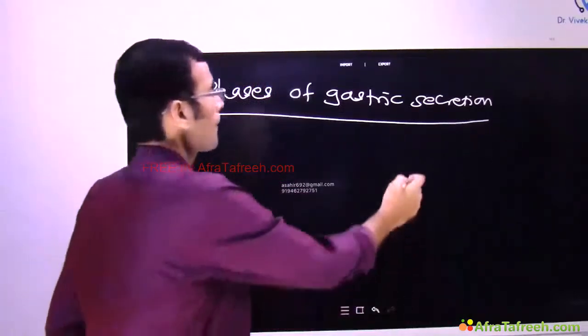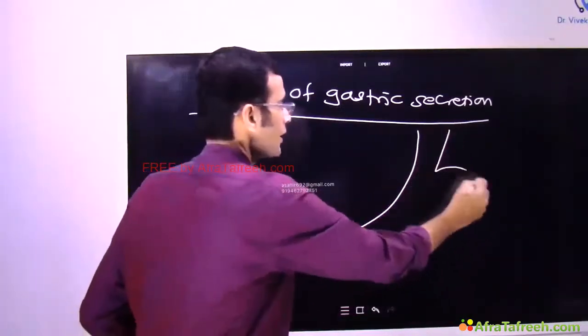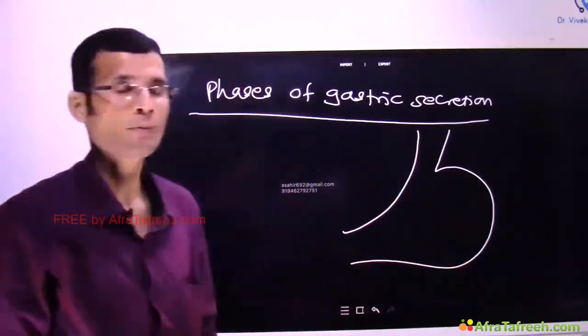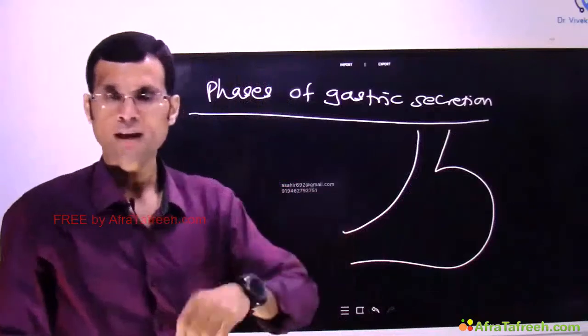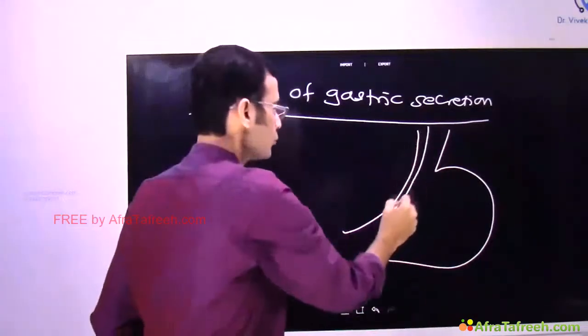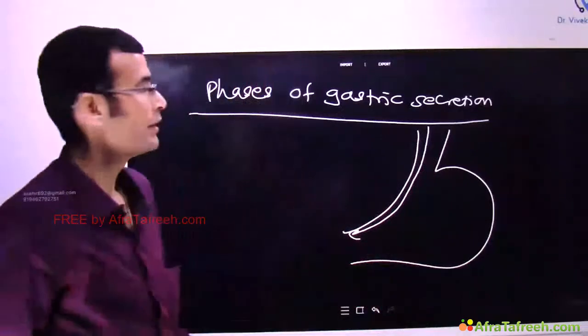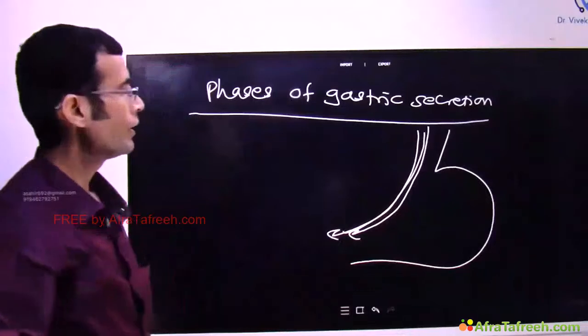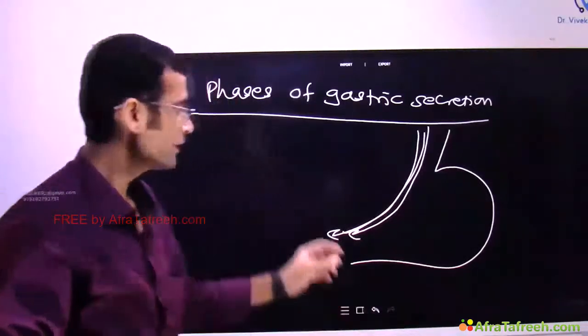You see, the gastric phase of the gastric secretion we are looking at when we talk of the appetizer like a tomato soup. If you only give tomato soup, it's a liquid and it will pass through the lesser curvature. It will not distend the stomach wall.